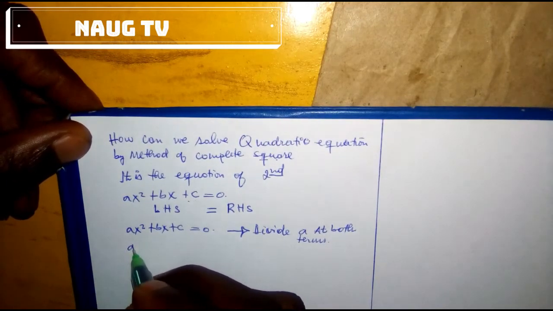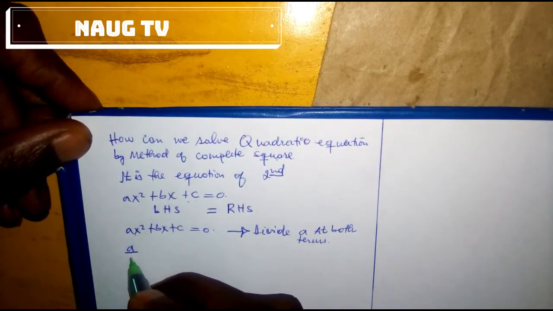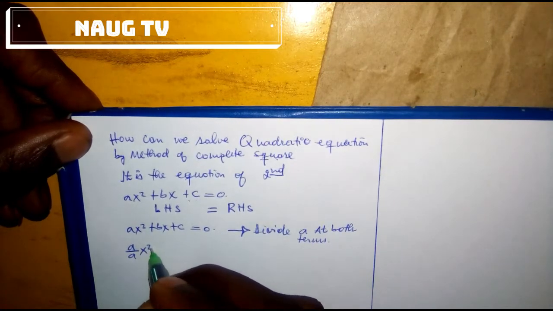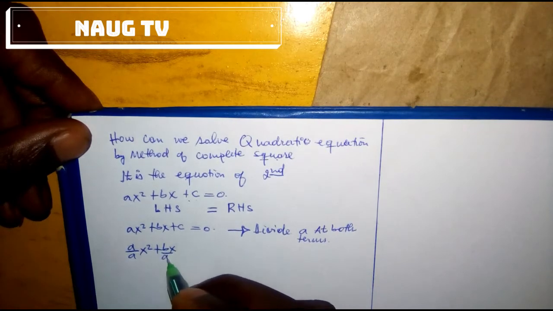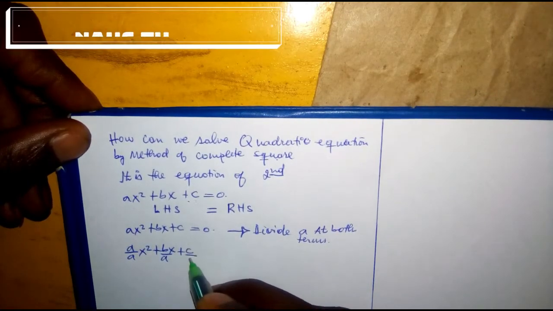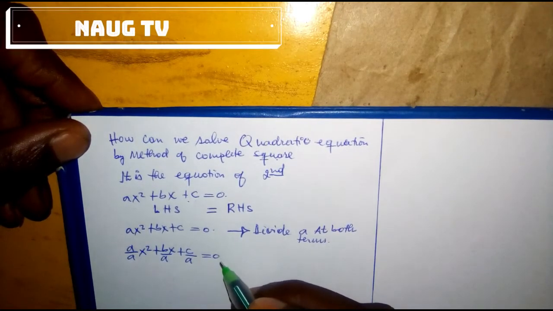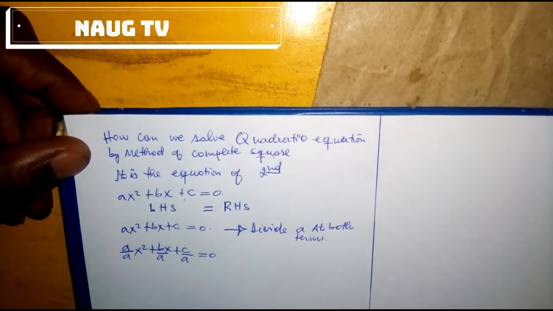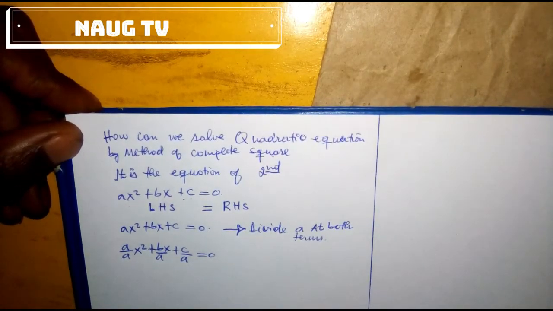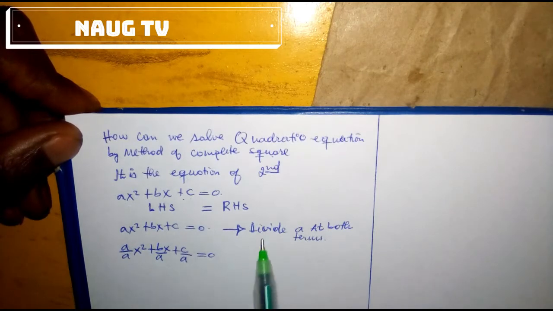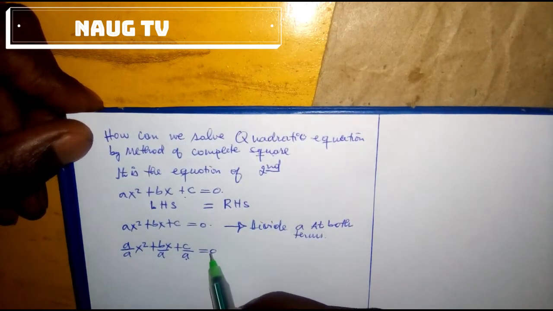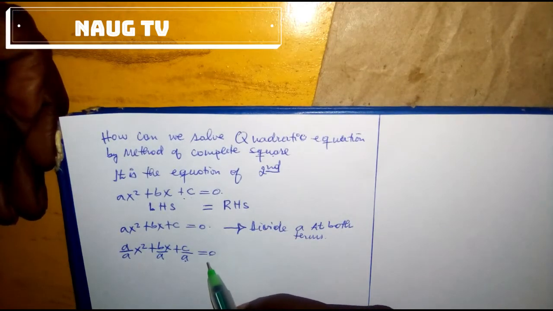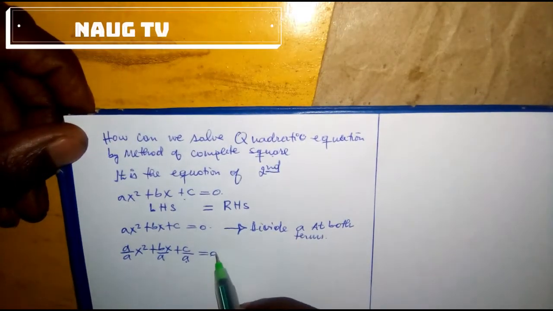So it is a over a x squared plus bx over a plus c over a equals to 0. I think here if you take 0 over a, also the answer would be 0. That's why I write 0 here also.